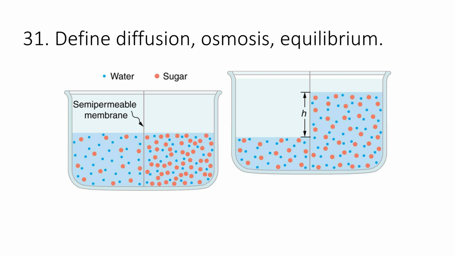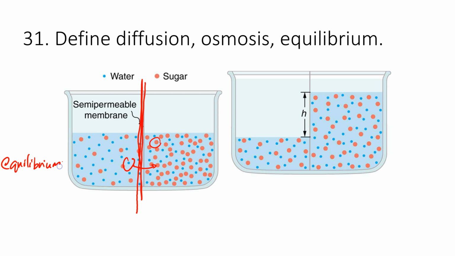Diffusion, osmosis, and equilibrium. You need to know about the idea of a semi-permeable membrane. It means that only selected stuff can move across this membrane. Usually big things like sugar are not able to move across the membrane, while small things like water can. And they will always try to move around in order to reach equilibrium.